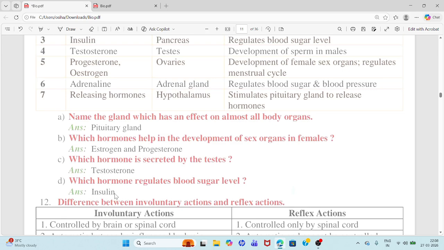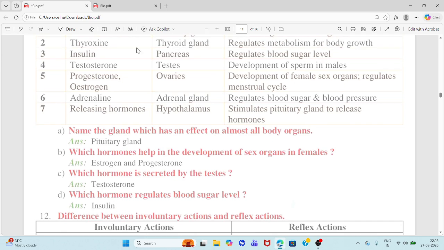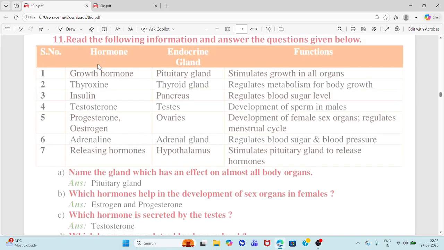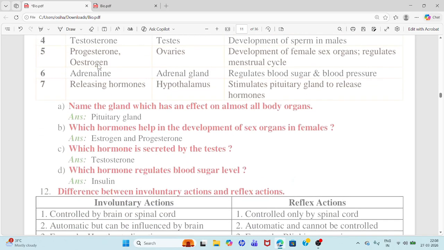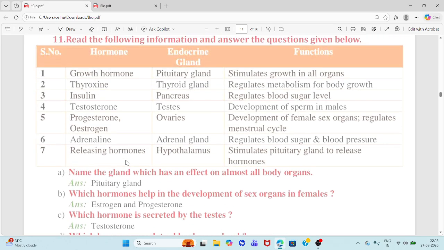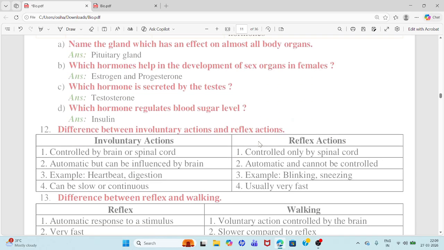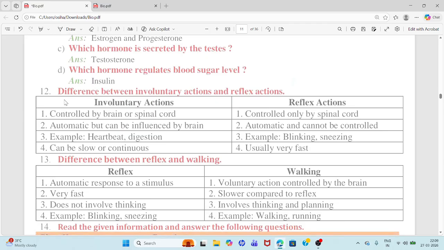Answer is insulin. They asked for the hormone, so you have to write the hormone, insulin. If they ask for the endocrine gland, then you have to write pancreas. Now it's enough to write insulin. Insulin is the answer.